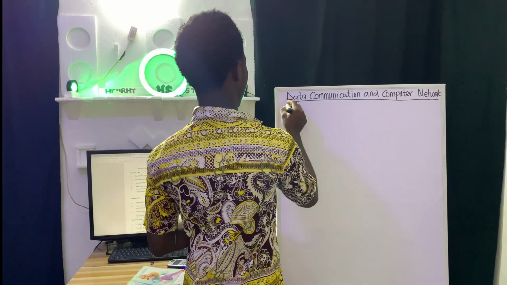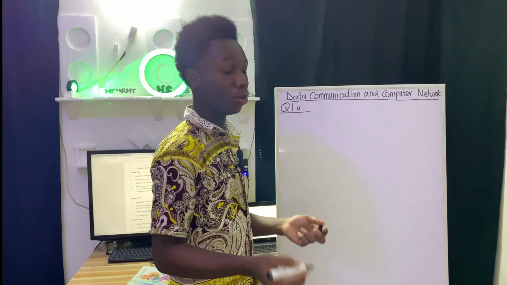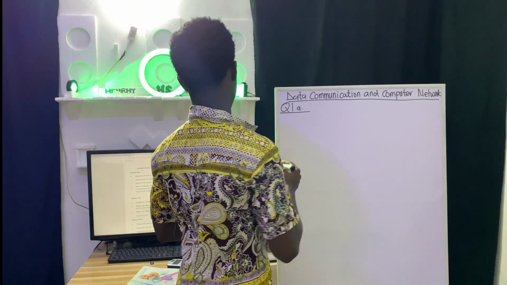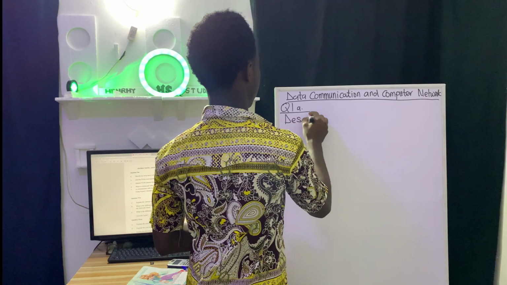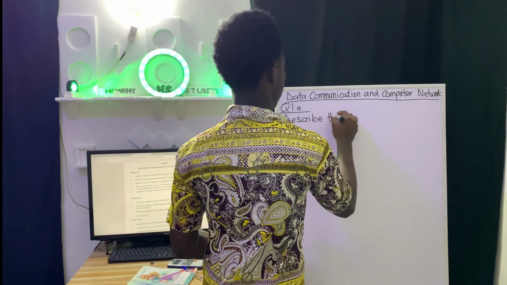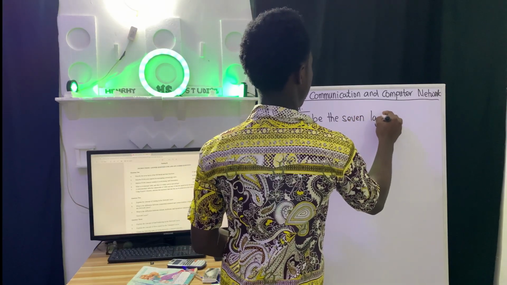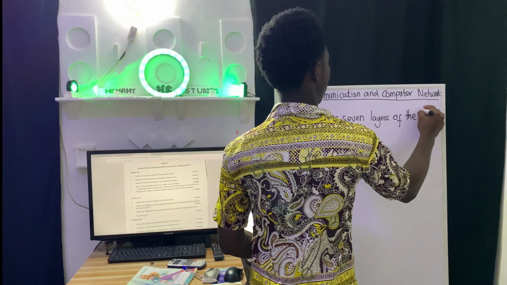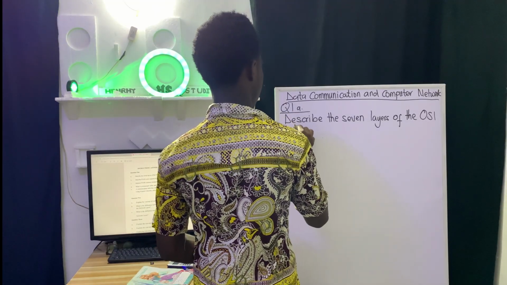So over here I have question 1. Question 1A, because my board is small, we'll be taking it little by little. Question 1A says: describe the 7 layers of the OSI model and their function.